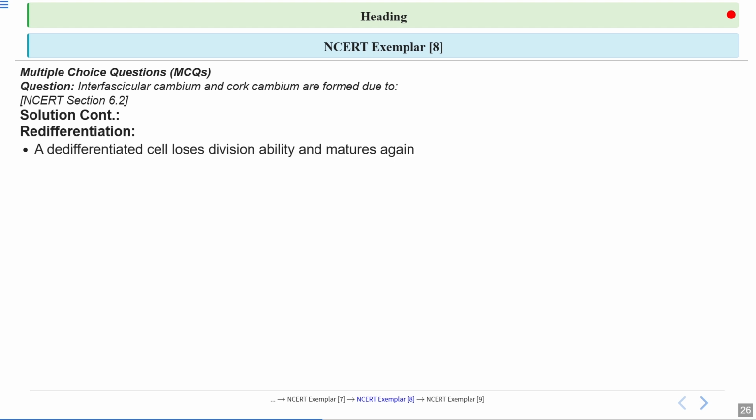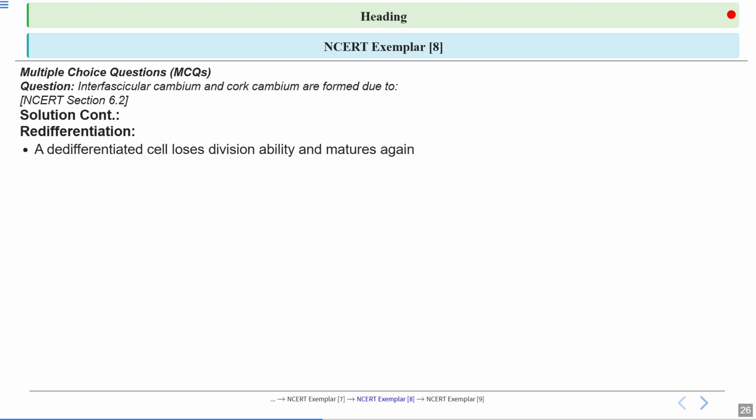Now there is one option as redifferentiation also. Let us understand that a de-differentiated cell loses division ability and matures again. So one differentiated cell gets de-differentiated, and this de-differentiated cell again goes to maturity and loses its division activity.